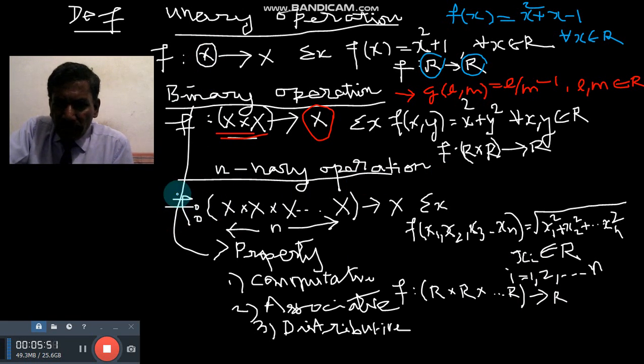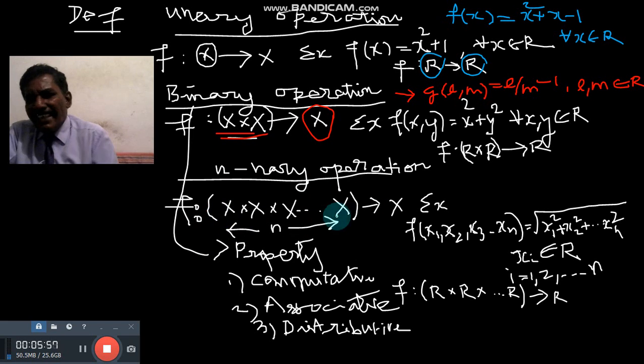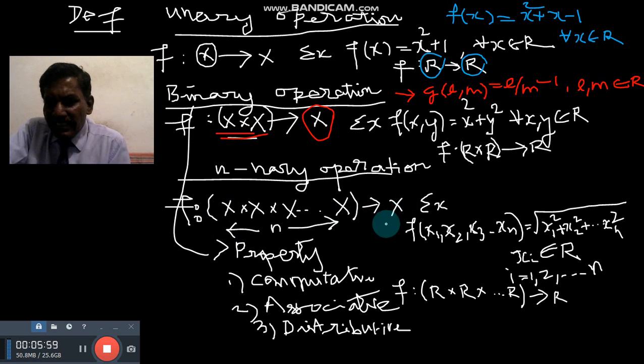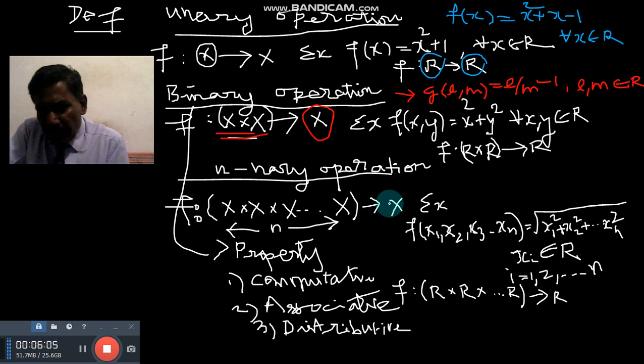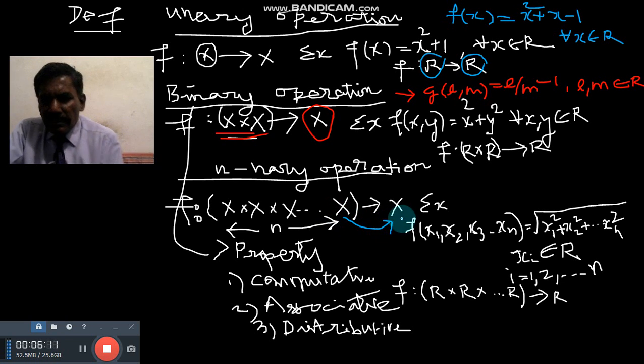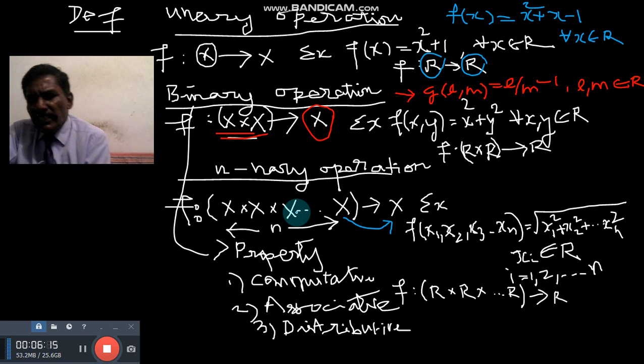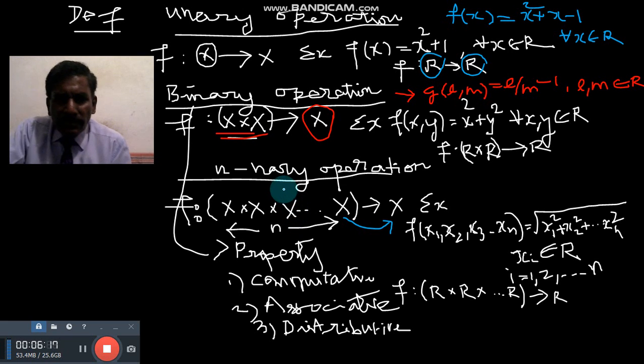Now if your function is from the n-fold Cartesian product of the same set to a single set, and the image set is this particular set x, then we call it an n-ary function.